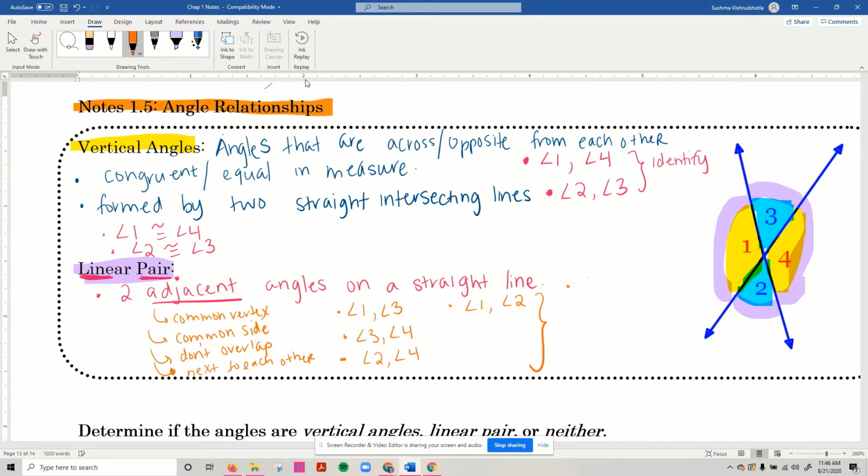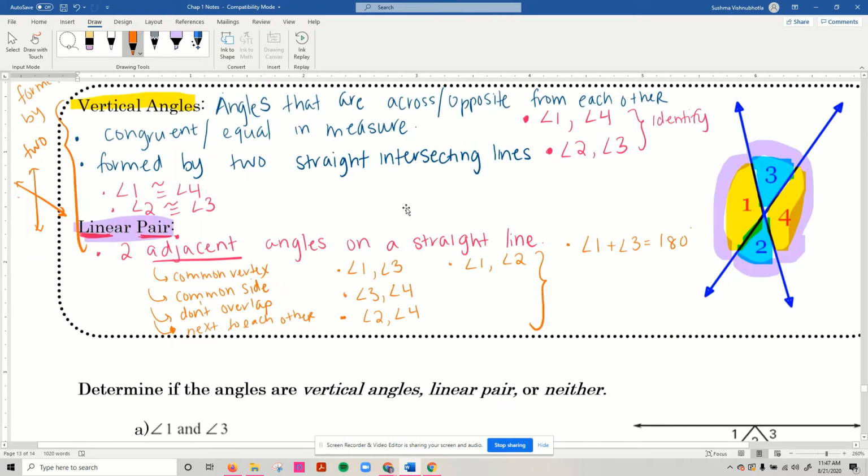So I'm not going to write out all the statements, but you can say if angle 1 and 3 are a linear pair, then angle 1 plus angle 3 is equal to 180. If angle 3 and angle 4 are a linear pair, then angle 3 plus angle 4 equals 180. Okay, and so on and so forth. So those are the two major angle types. And again, both of these are formed by two straight intersecting lines. Okay?